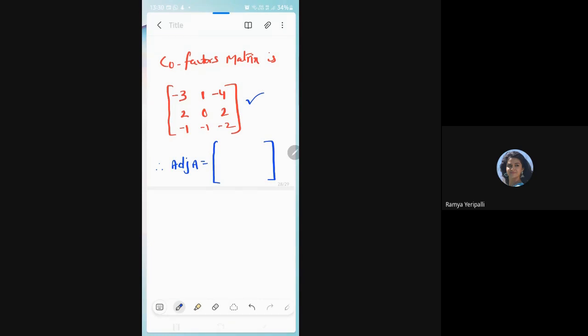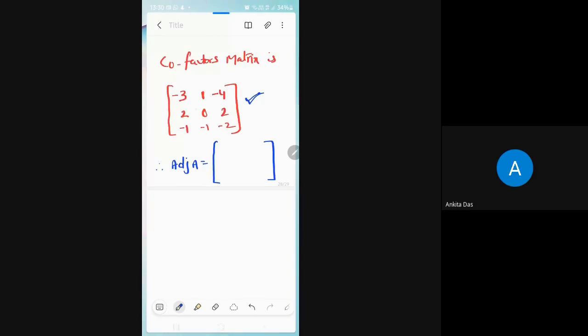I repeat, adjoint A we can obtain by transposing the cofactors matrix. As we know, transpose is nothing but writing the rows as columns and columns as rows.